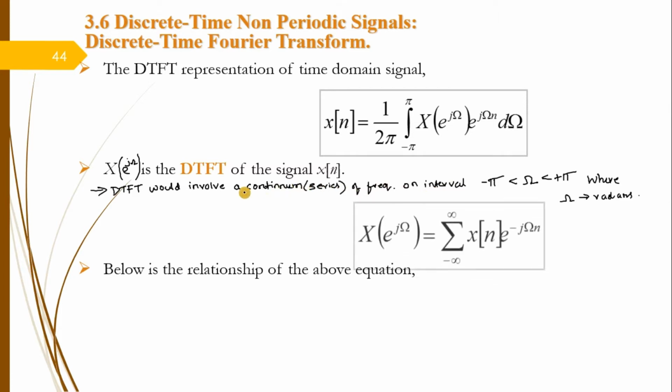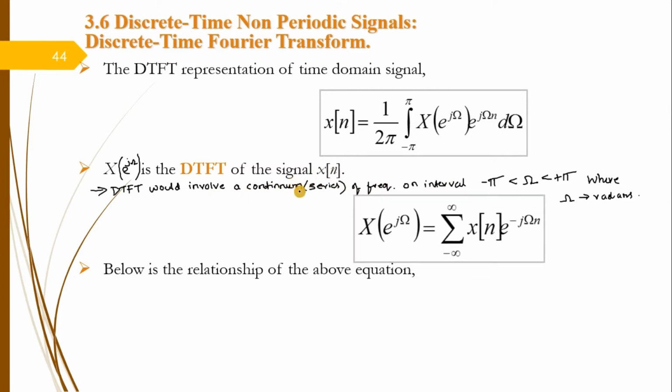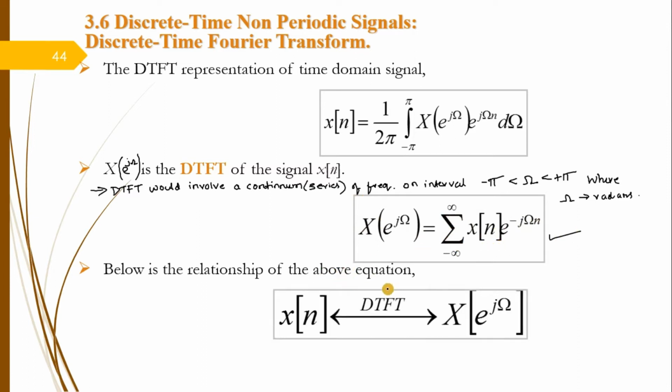Okay, so the inverse DTFT means the time domain signal you need to find out. The frequency components are calculated using the summation of x of n e raised to minus j omega n. You can see here x of n is discrete time. For discrete time you cannot integrate; you are supposed to use summation. So that is what we have used here. So this is a DTFT pair. x of n is a time domain signal, and X of e raised to j omega is a frequency domain signal.